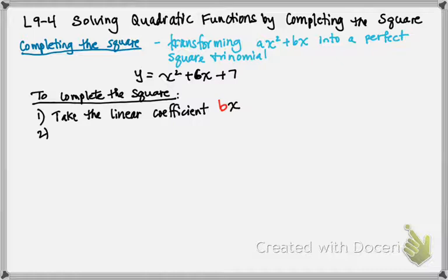Okay, we're going to divide the linear coefficient, that b, by 2, which means we're going to cut it in half. So we're going to have b over 2.